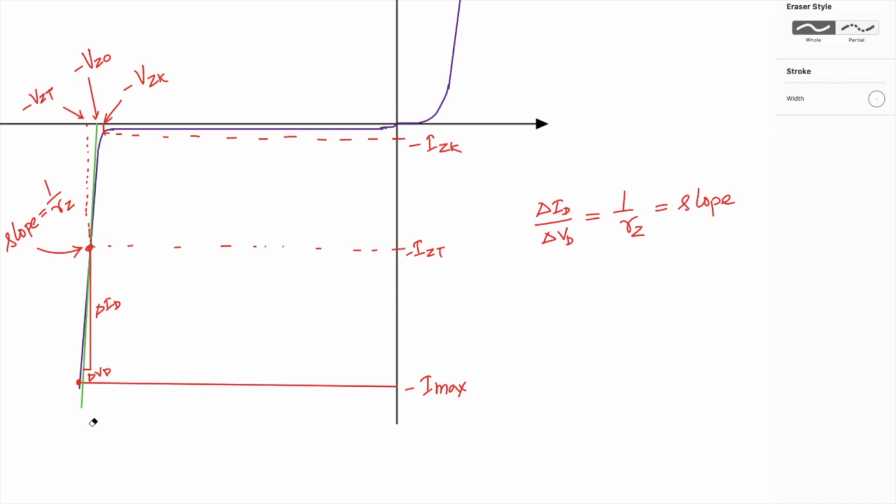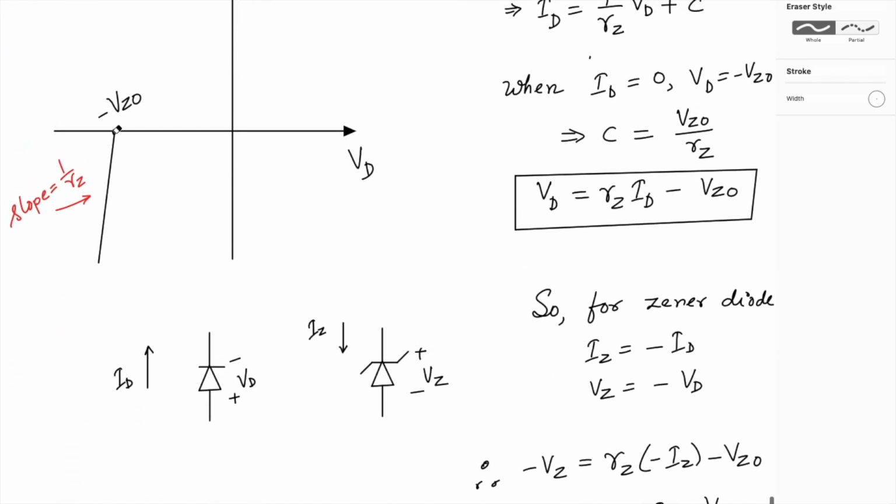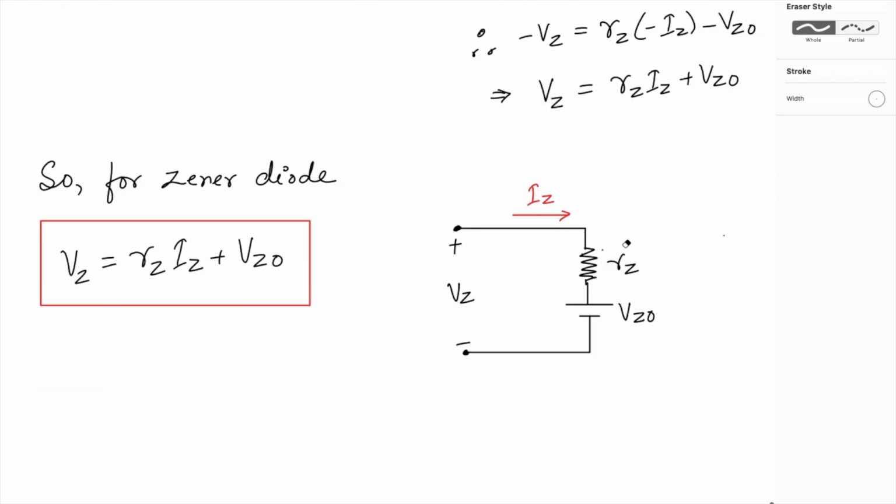So this slope is capturing the increase in the voltage from the knee voltage, or the Vz0, which is close to knee voltage, and this slope, or the Rz, is capturing this. Again, if the current increases, the drop across this Rz increases, and this will take care of the slight increase in the voltage with increase in the Iz. So this is the model of my Zener diode.